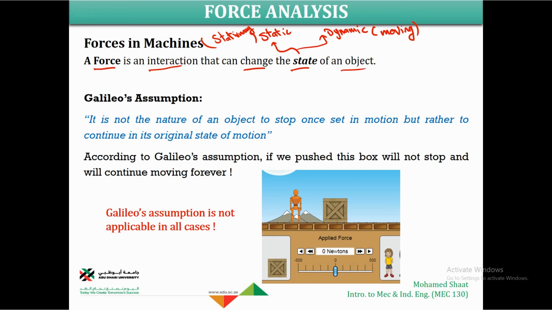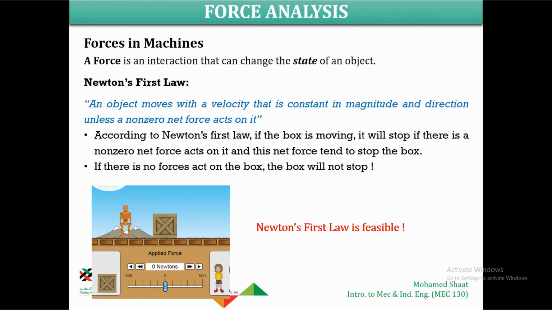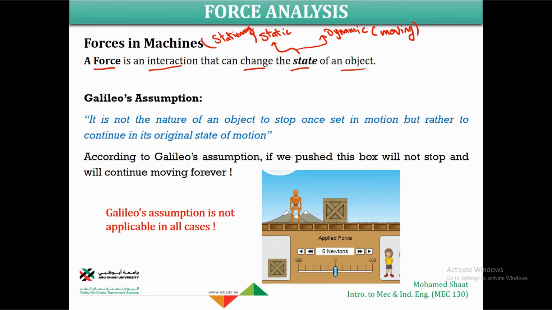Very simple. Okay? To understand this further, we have to bring in Galileo's assumption and Newton's first law, to explain these two concepts from physics and understand the difference between them. Galileo's assumption states that it is not the nature of an object to stop. The nature of any object, like a box, a car, a machine, whatever it is, is that to stop it means that this object is already moving.